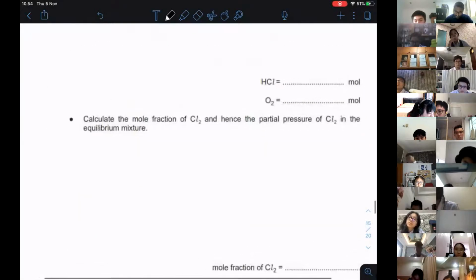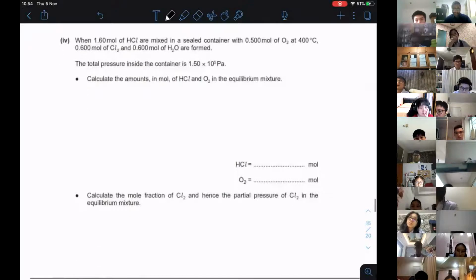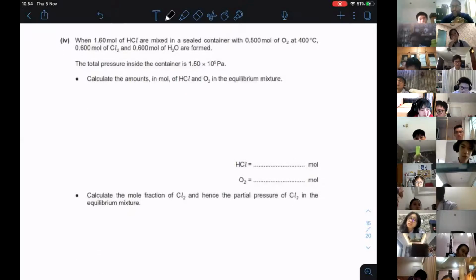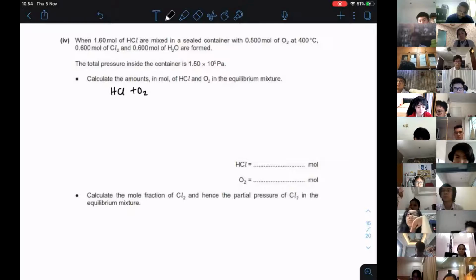Let's try this question. Okay, now this one is actually a lot of things. If you see, there's so many things happening. So you see, they say that HCl is mixed in a sealed container with oxygen, so plus oxygen, and they say that it gives you Cl2 plus H2O.